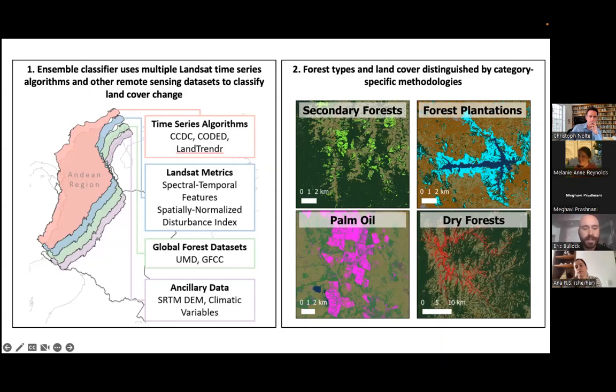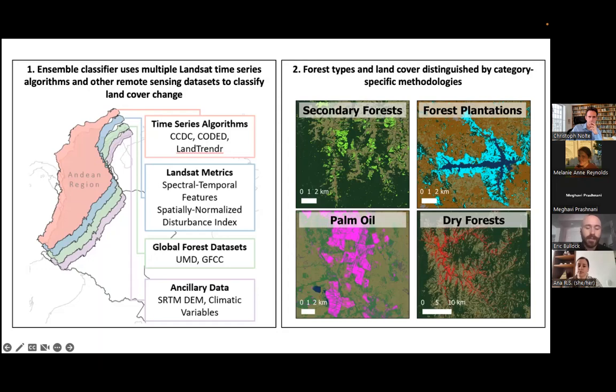We're basically taking the results and metrics from different time series algorithms, different remote sensing metrics and global data sets, and stacking them all together into one image and using an ancillary training data set on land cover change to directly classify the timing and location of forest cover change.